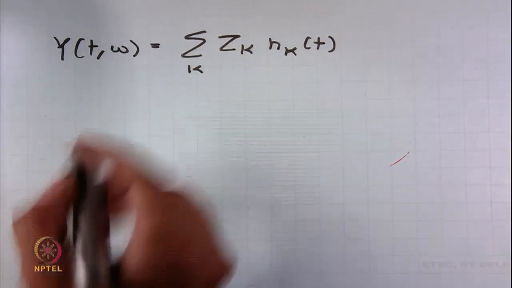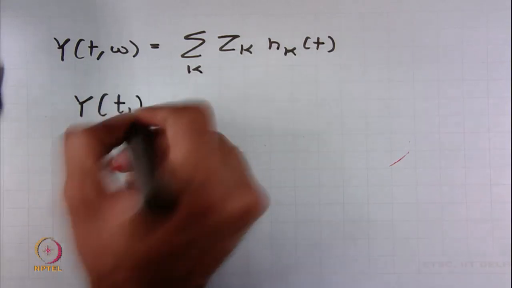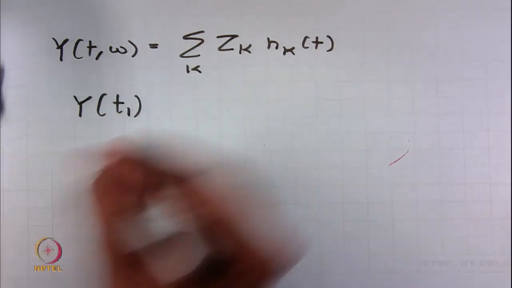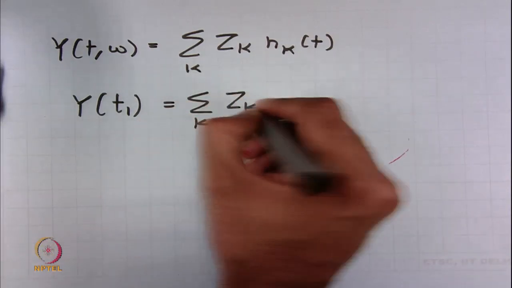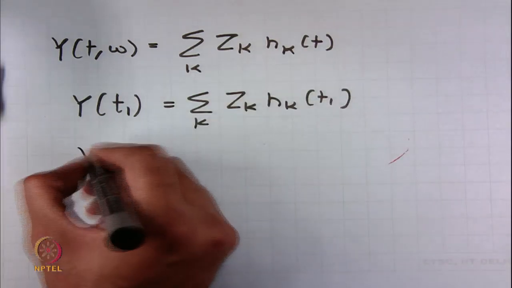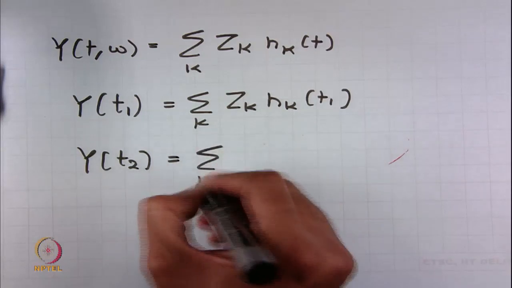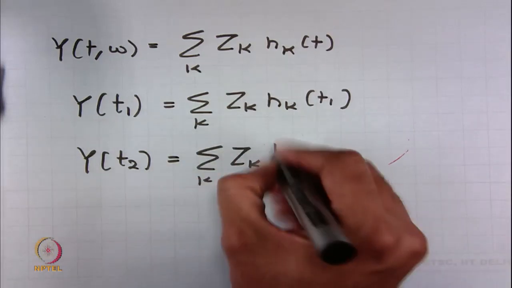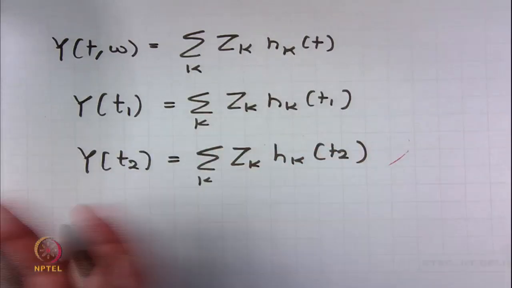Now, if you take the sample of this process at a specific time instance t1, what we get is zk hk of t1. If you take the sample of this process at a time t2, what we get is zk hk of t2, just substituting t as t1 and t2.